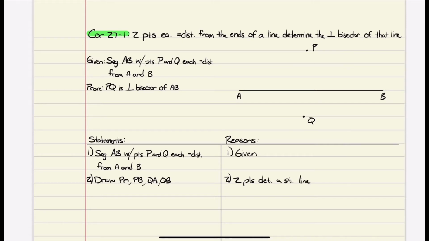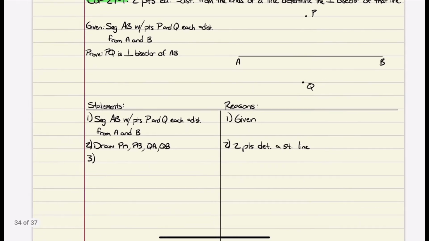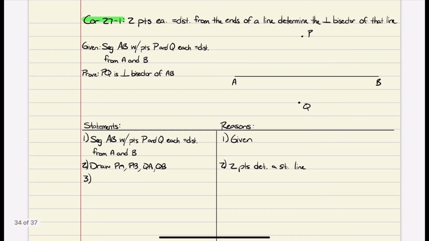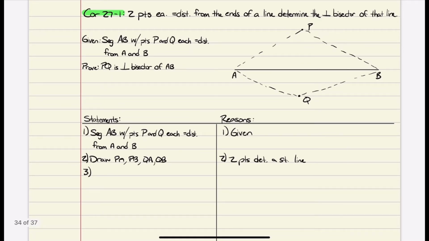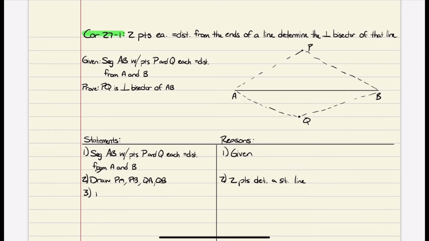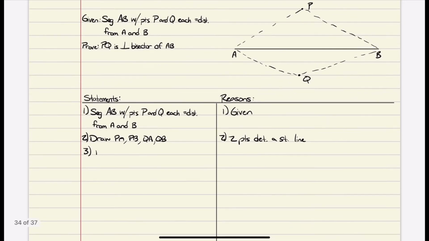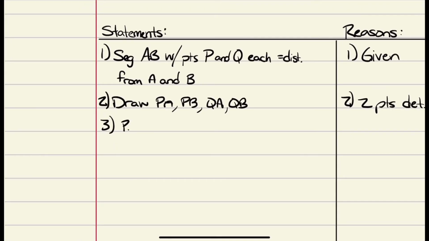If I were to draw PA, QA, QB, and PB, we can now state that PA equals PB, and QA equals QB.